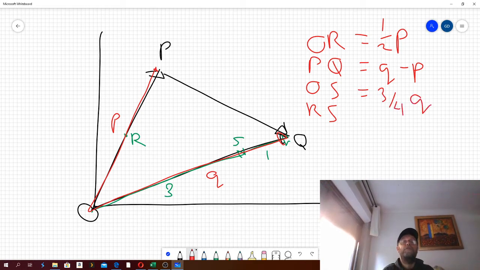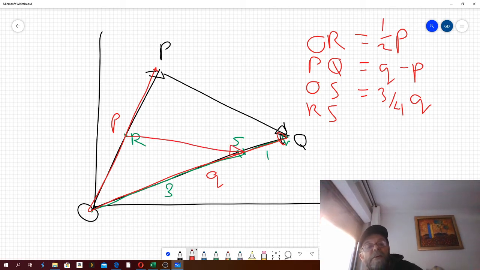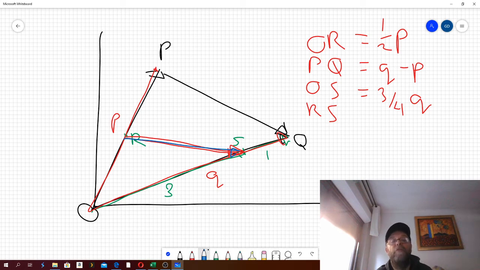And lastly, they want us to find a vector RS. Now R is this point over here, and S is that point over there. So we want to find this vector. This is the more complicated one to find. I'm going to mark it in blue here. So RS, how do I get from R to S?